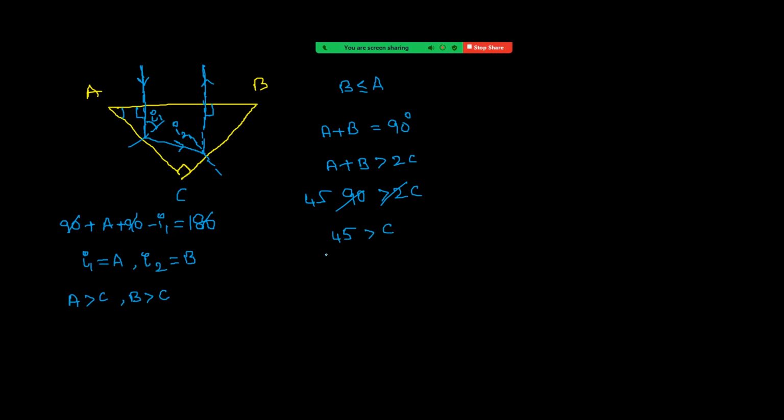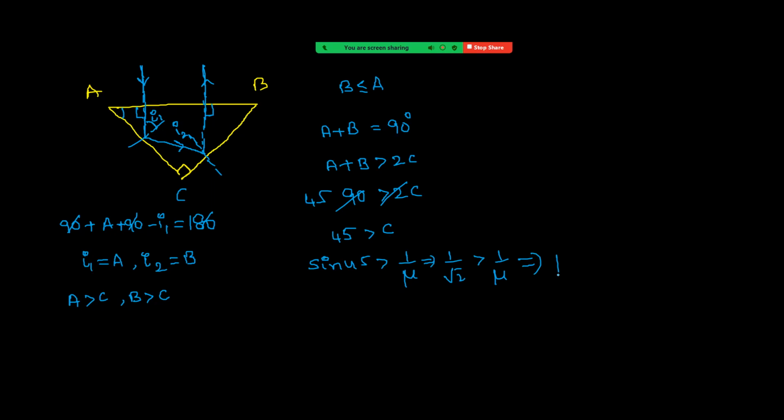Okay. So now I am taking sine on both sides. Then sine 45 is greater than sine C. Sine C means it is 1 by mu, right? Sine 45 means 1 by root 2, so 1 by root 2 is greater than 1 by mu.